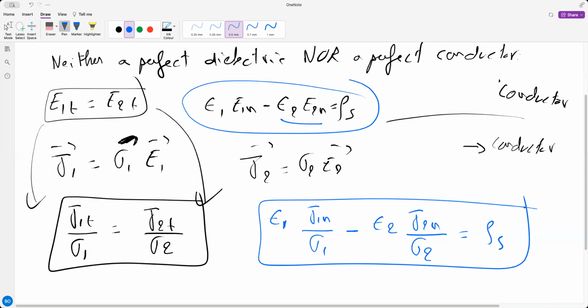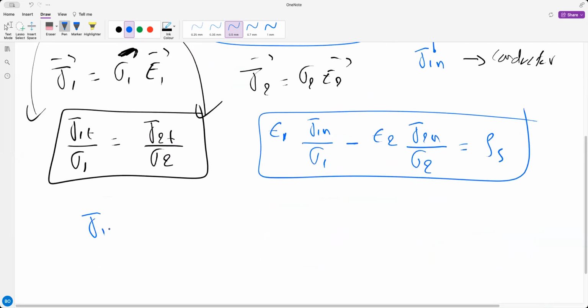But here, in electrostatic conditions, there is no charge coming from outside. So here we have J1n and here J2n. Whatever density goes from here to here must be the same, because we don't have external charge or a charge located on the surface. So J1n must be equal to J2n because of the electrostatic condition in a conductor.